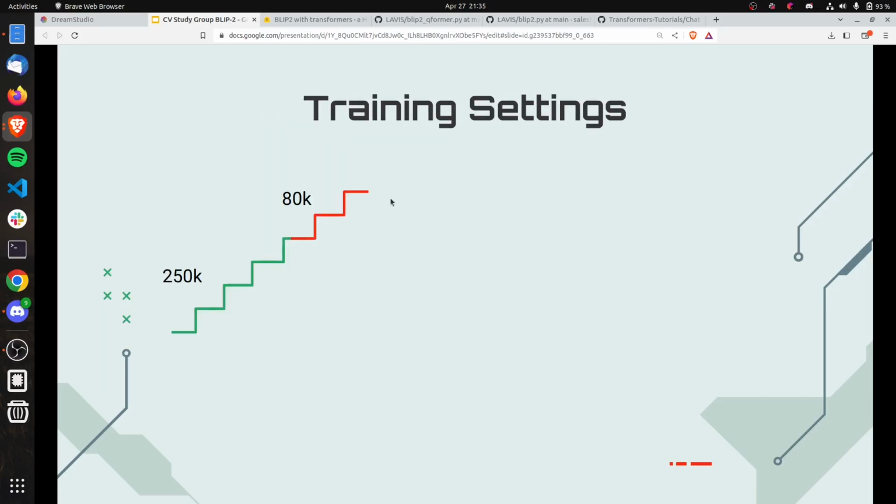Okay, so now for the training settings, actually, right? So that's like the nerdy stuff that interests the data scientists, machine learning engineers. Yeah, so they are training for 250K steps in the first run, the image representation learning, and then 80K steps in the vision-to-language generative learning.